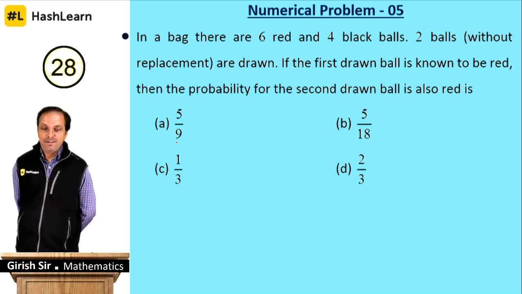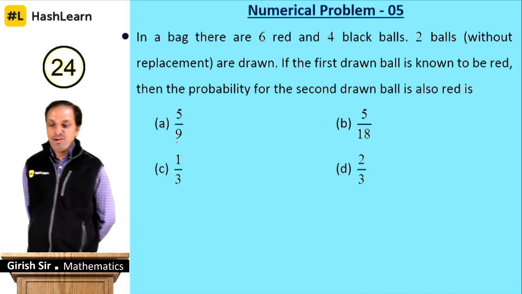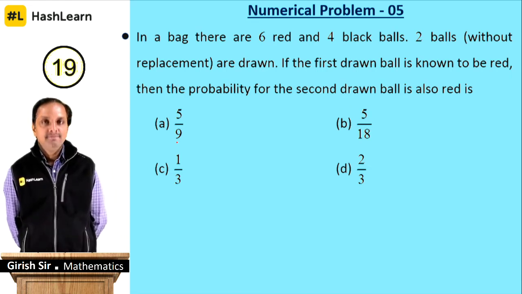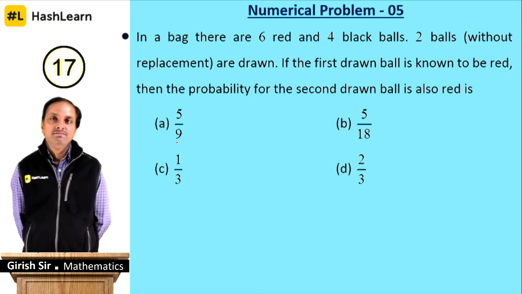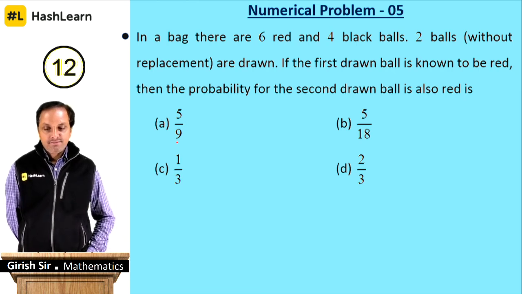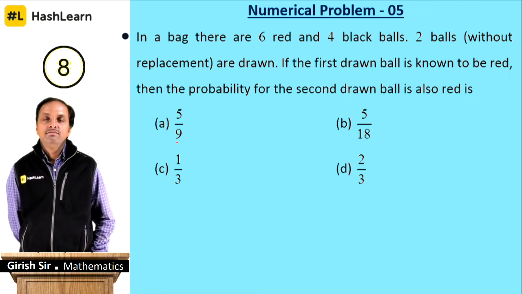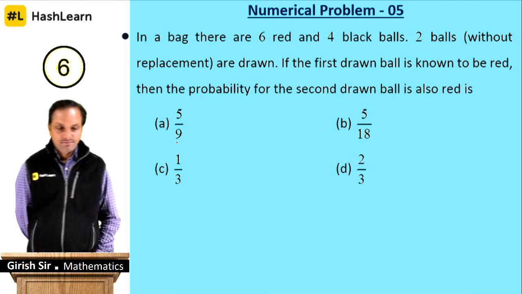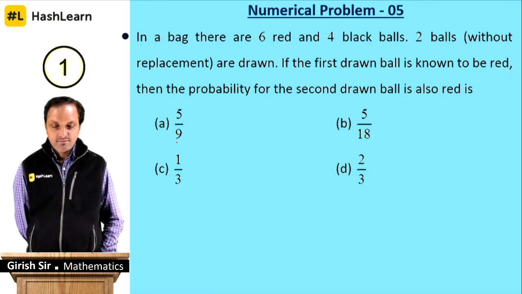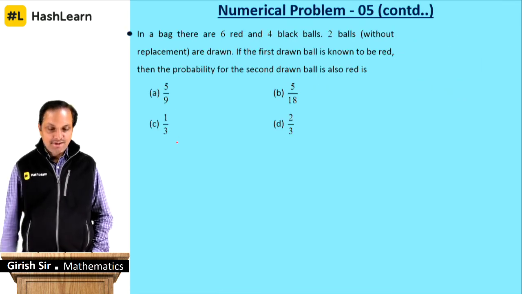If the first ball drawn is known to be red, then the probability that the second drawn ball is also red. Yeah, your time is up, and let us see, students.